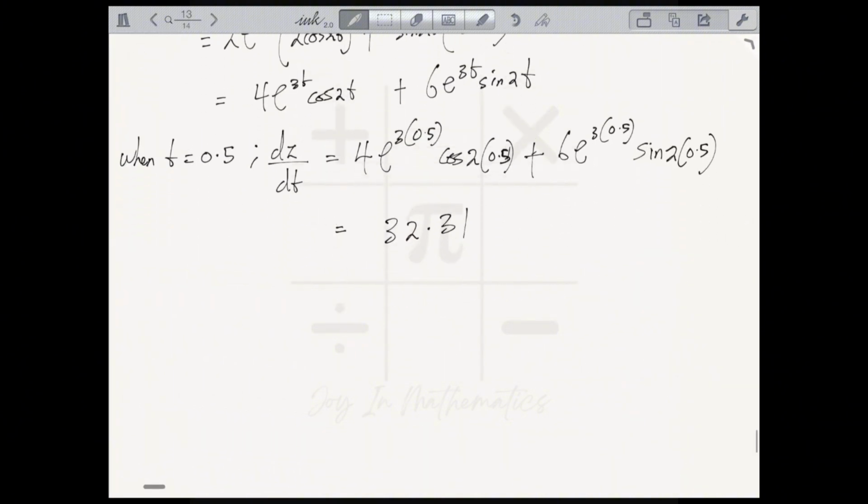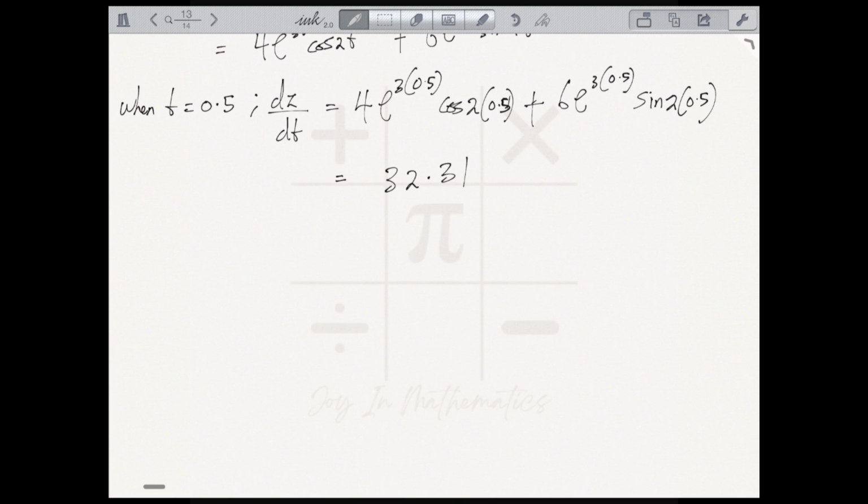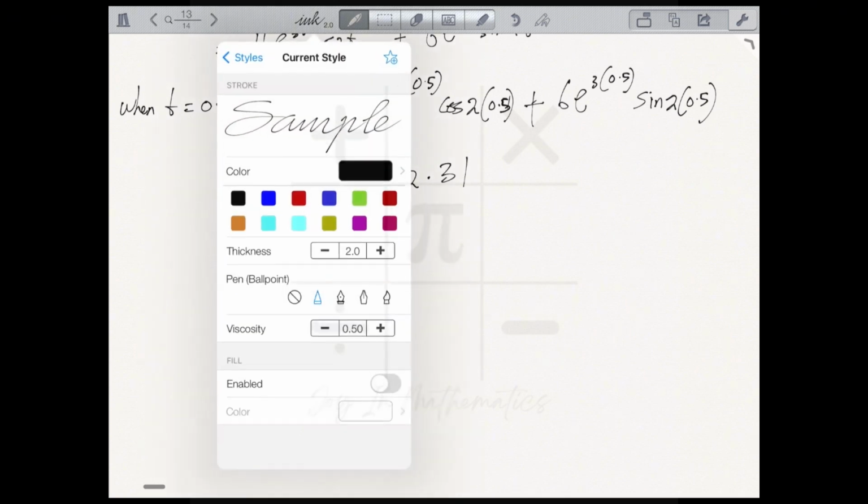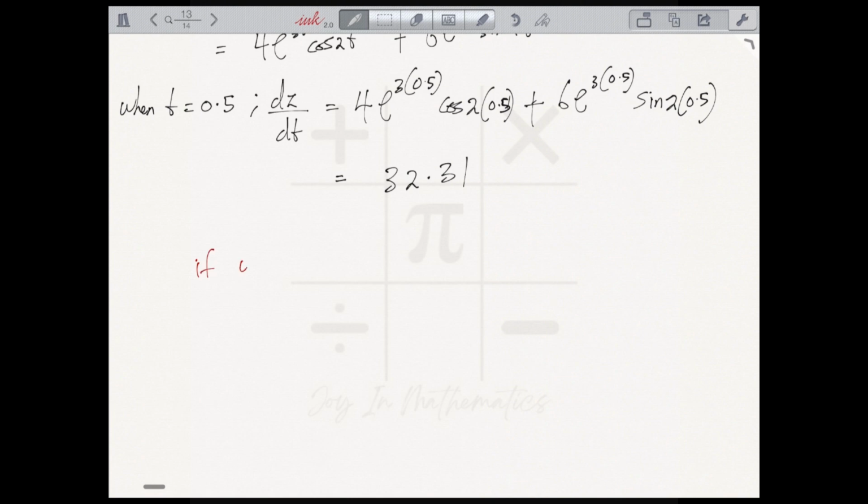It is very important as we wrap up differentiation of a product that we recall that if y is equal to uv, where u and v are functions of x, then dy/dx is equal to u dv/dx plus v du/dx.